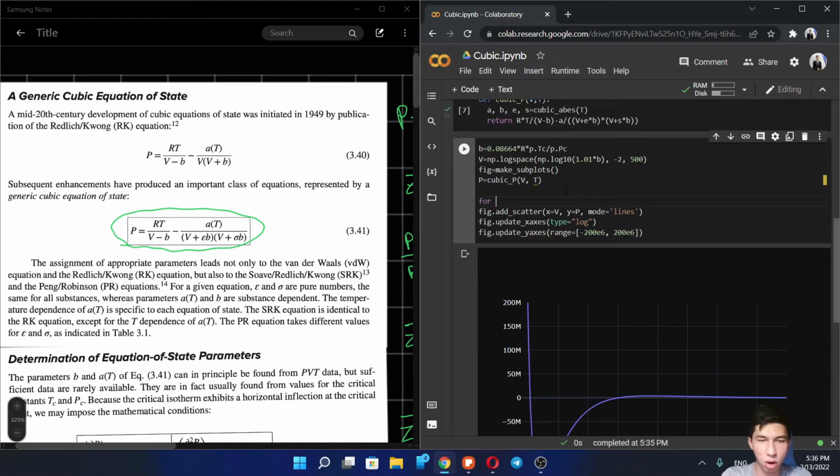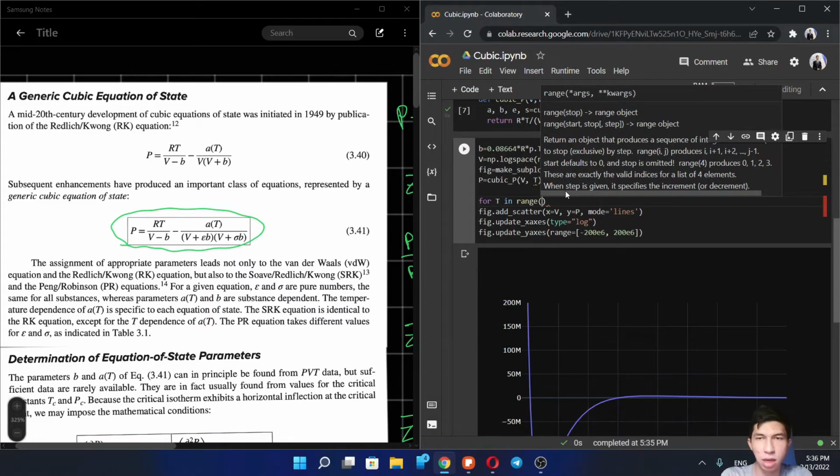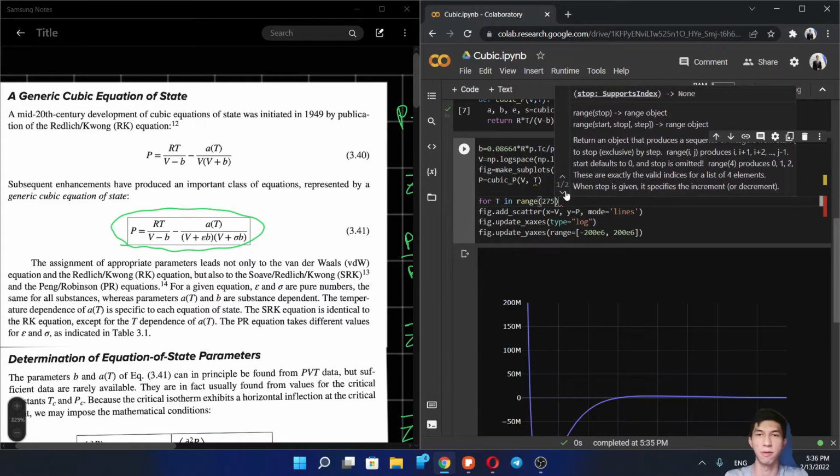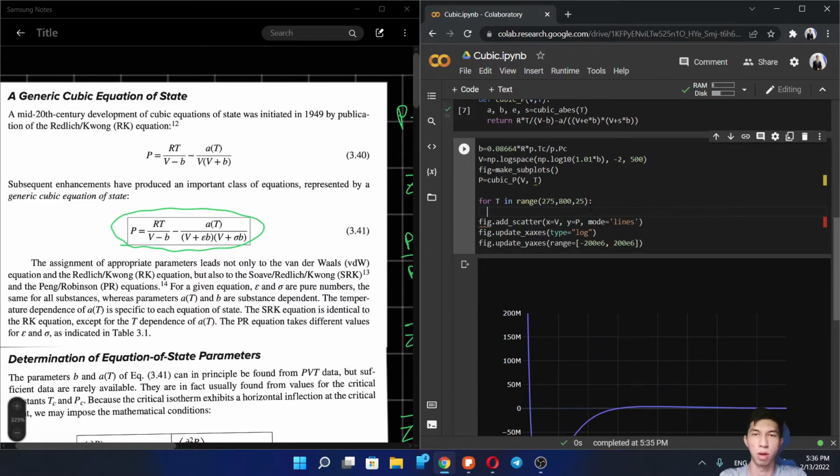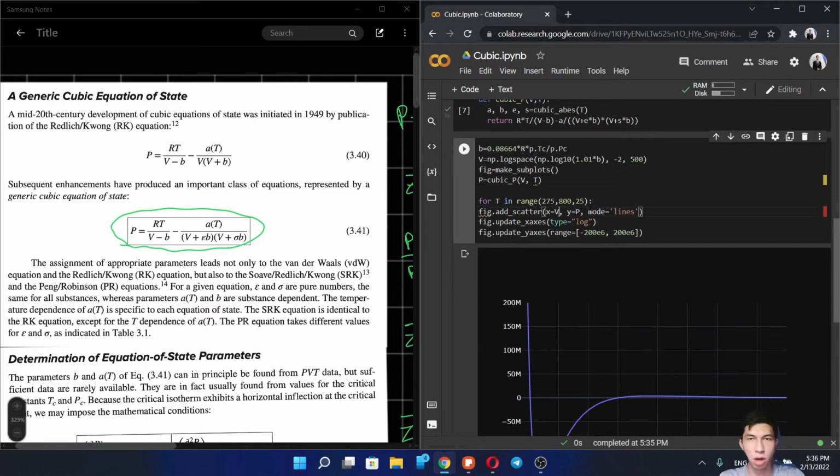So we're going to say for t in range, starting from 275 and going to 800, so our final value is going to be 775. 25 is going to be the step between different temperatures. So we're going to need to indent.